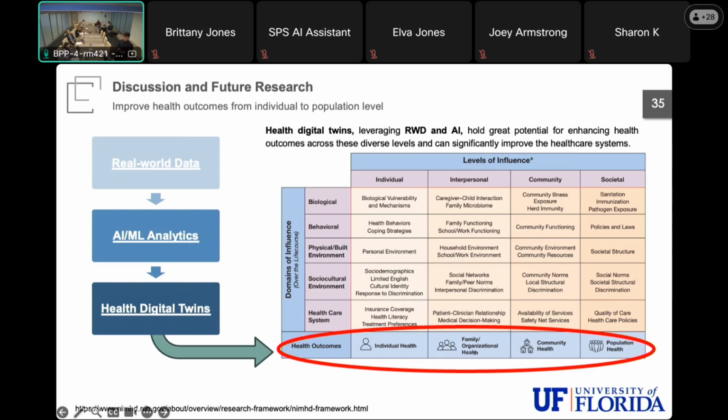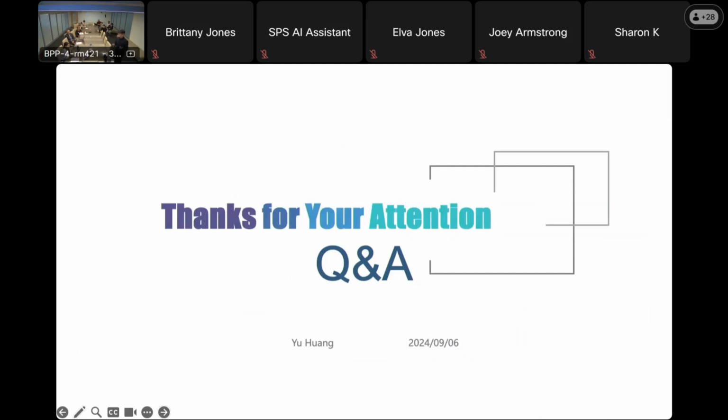And the outcomes cross from individual level to community level to population level. And I believe that if we have a health digital twin leveraging real-world data and AI techniques, we have great potential to enhance health outcomes across these diverse levels and significantly refine the current healthcare system. And that's all my presentation, and thanks for your attention.